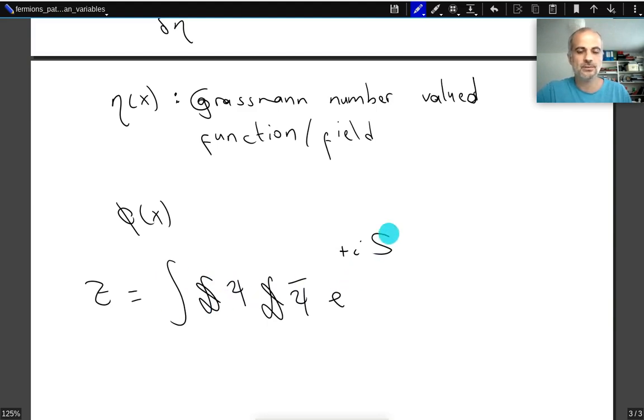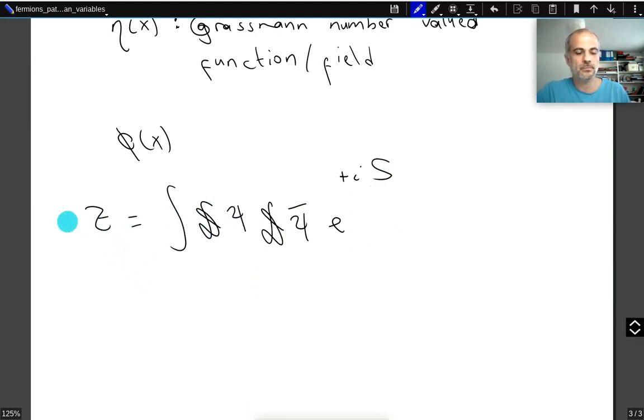We won't be needing to evaluate this path integral explicitly, but we will still use it to prove Wick's theorem.